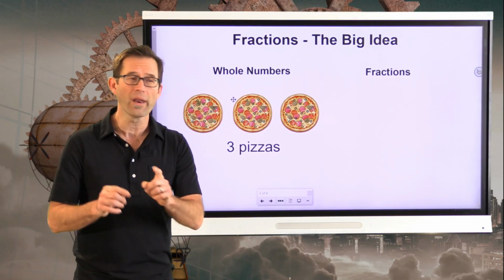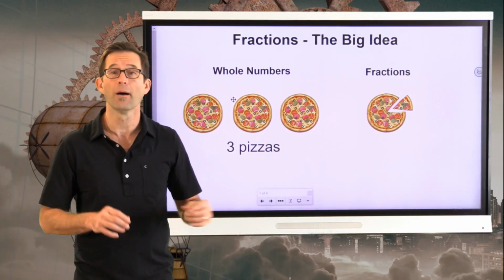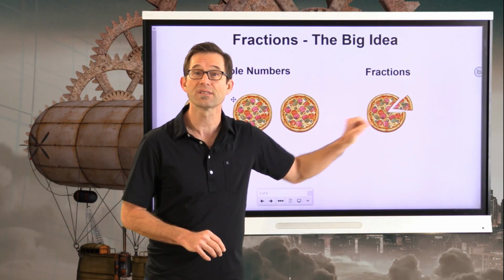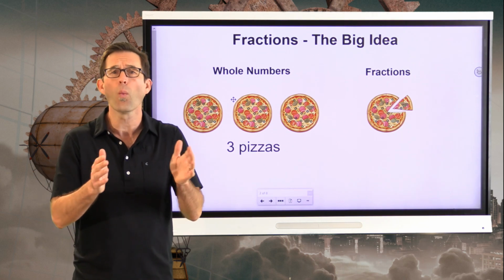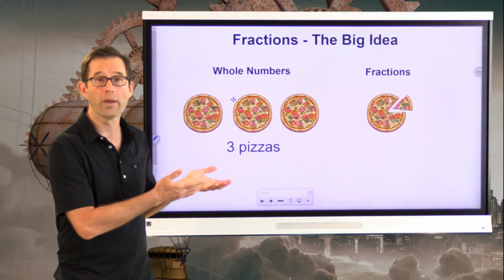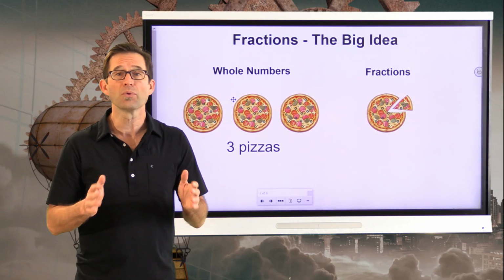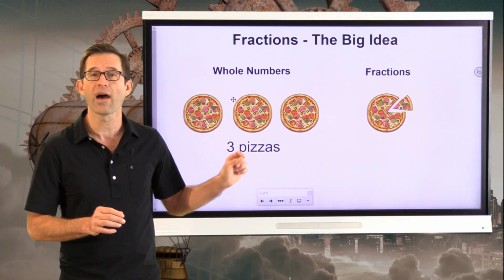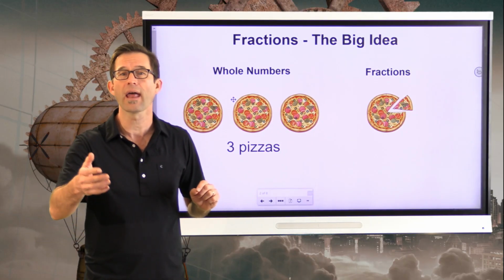But then, of course, what happens when we take that pizza and we cut it up so that we have less than 1 unit? And we decide on 1 unit all over the place. We have 1 foot, we have 1 gallon, we have 1 pizza, we have 1 person. We decide on a particular unit, but then if we have only a portion of that unit, how do we represent how much it is?